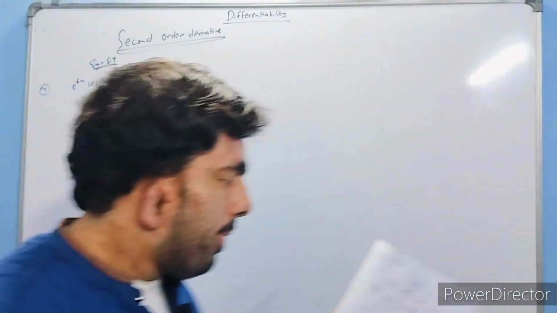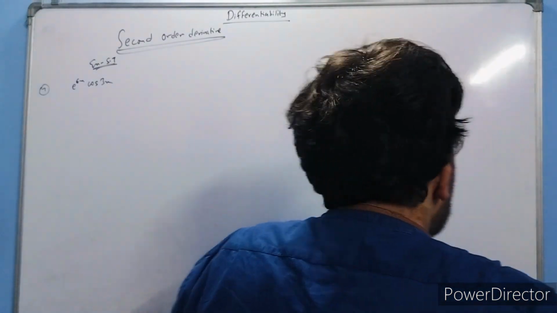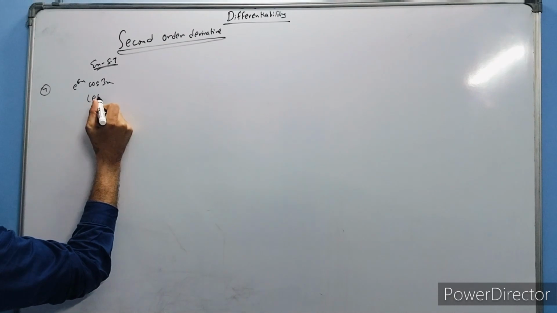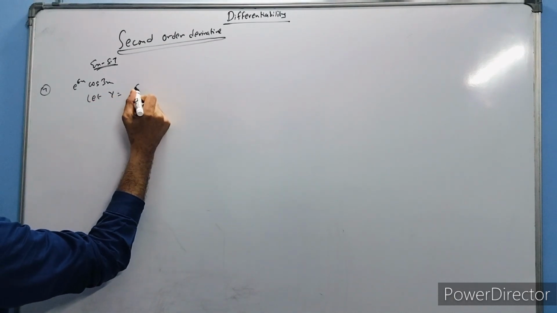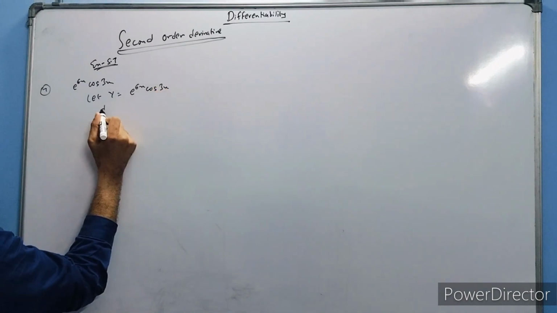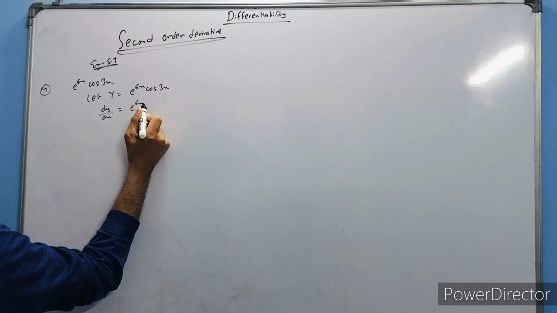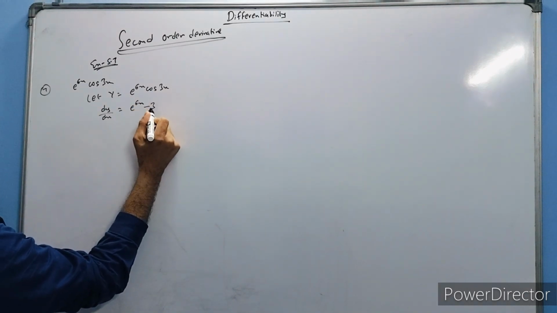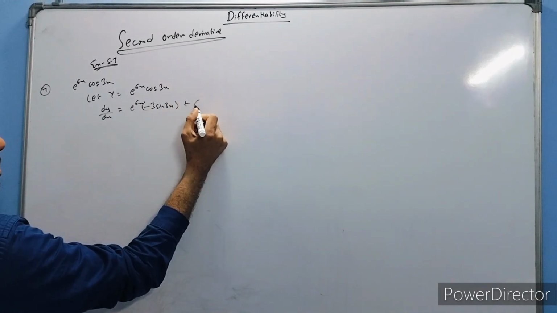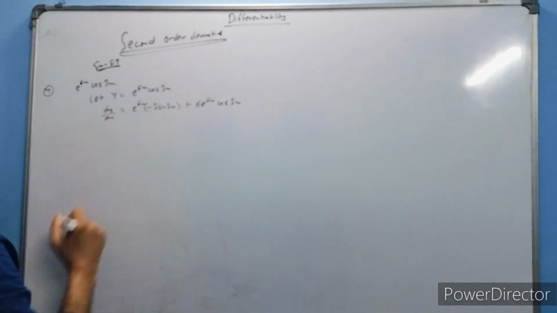Now let us try to solve the seventh question here. How? Let us see. Let y is equal to e raised to power 6x cos 3x. So now you can say dy upon dx is equal to e raised to power 6x, it will be minus 3 sin 3x, plus we have 6 e raised to power 6x cos 3x.